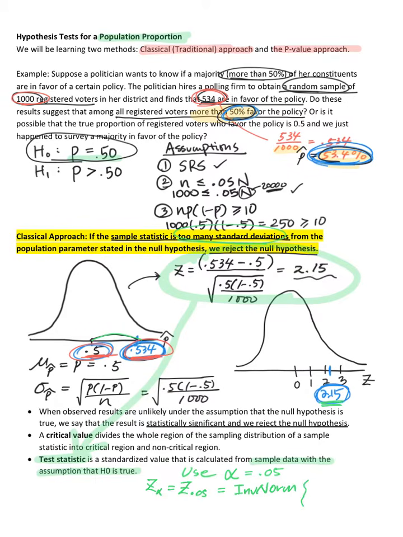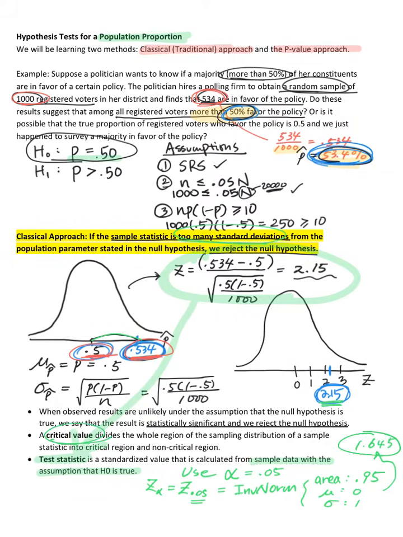Okay, so z sub alpha, which is z sub 0.05, and we're using inverse norm, right? And for the area, we need to use the left area to the critical value. So it's going to be 0.95, which is 1 minus 0.05, right? And mu is 0 and standard deviation is 1. Okay, so this is going to be 1.645.